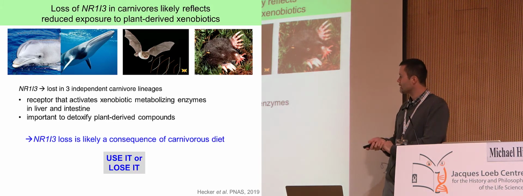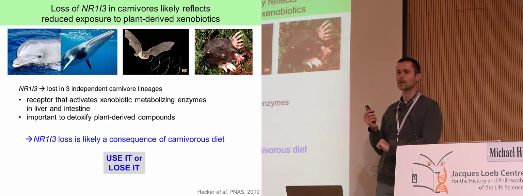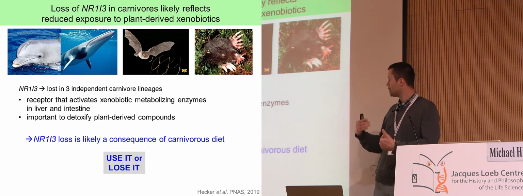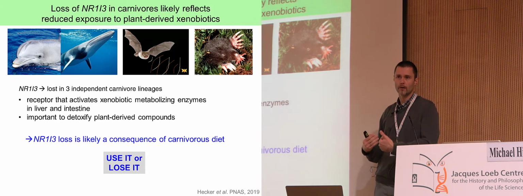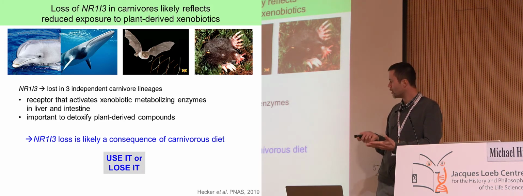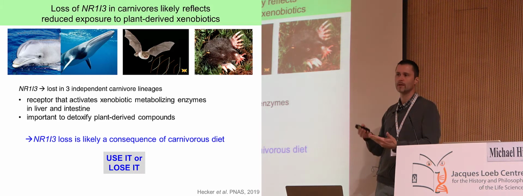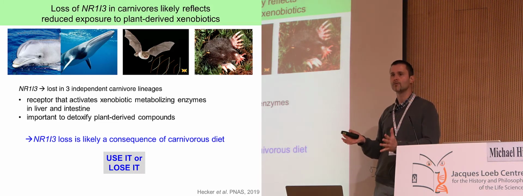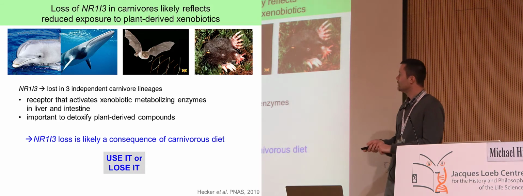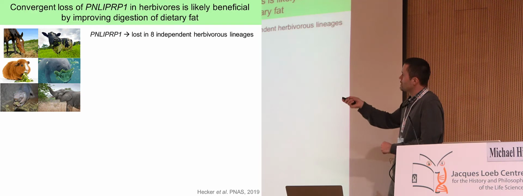So we think this gene was likely lost as a consequence of lower exposure to plant-derived xenobiotics in these very strict carnivores. The hypothesis is use it or lose it: those species had no need to maintain the gene because having it or not having it didn't provide a selective advantage or disadvantage.